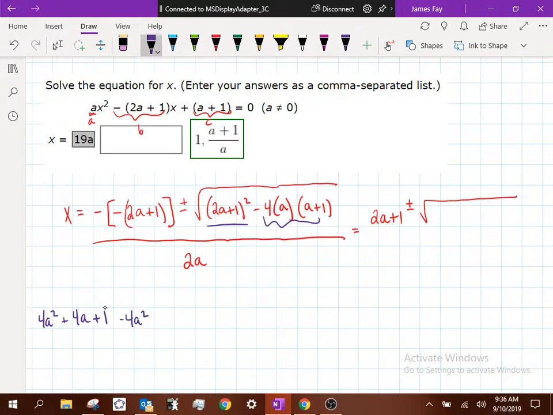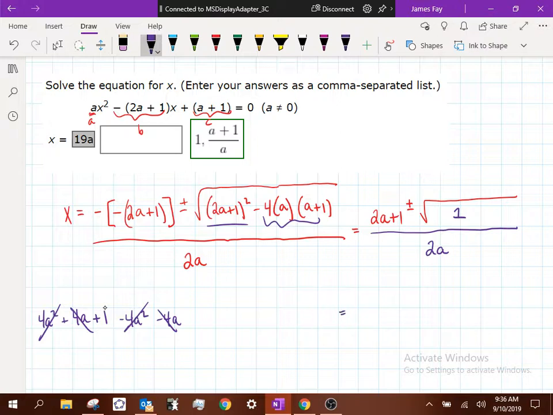What's all this stuff under the radical, the radicand? Yeah, that wipes away with that, wipes away with that, and you're left with just 1 underneath there, all over 2A, right?